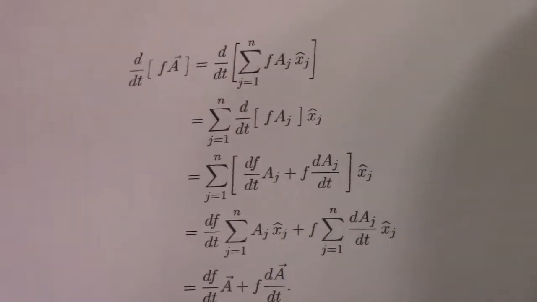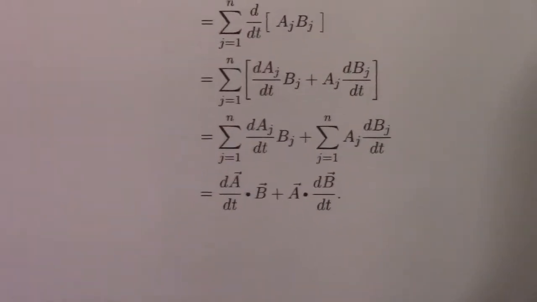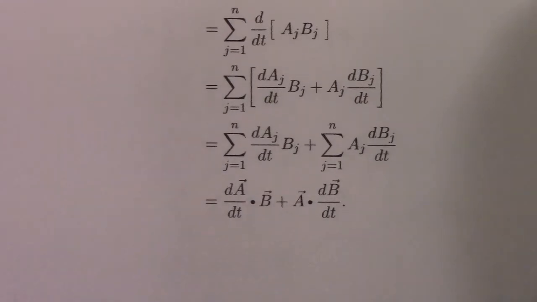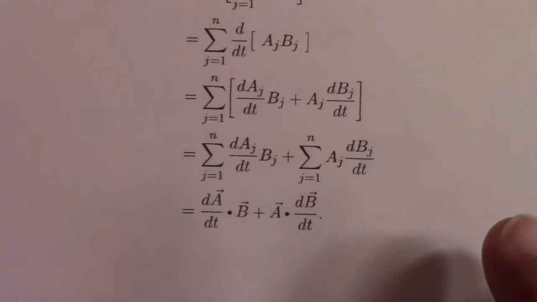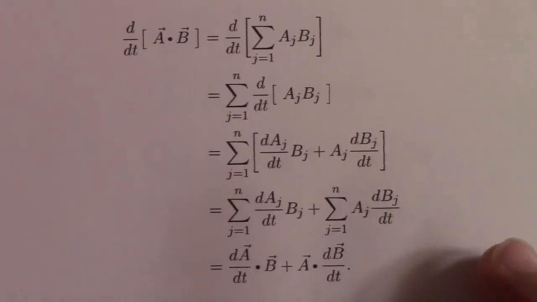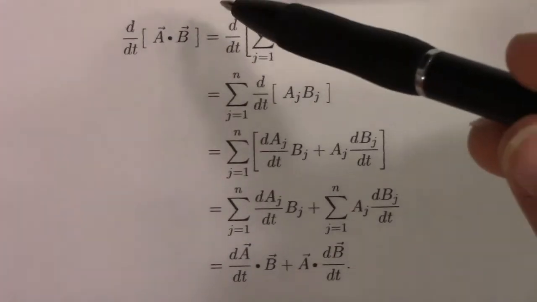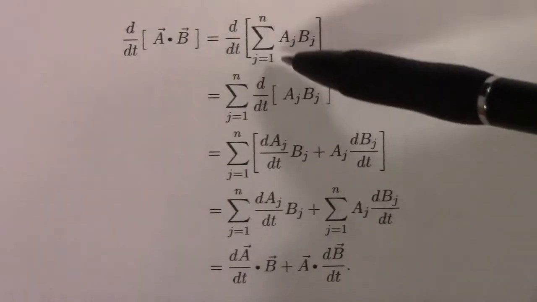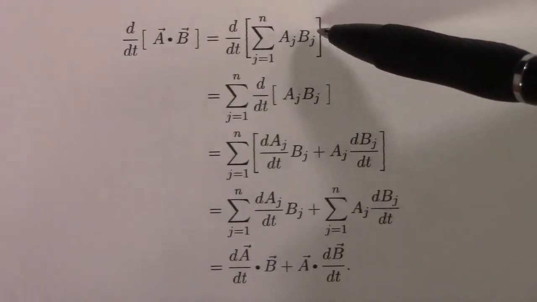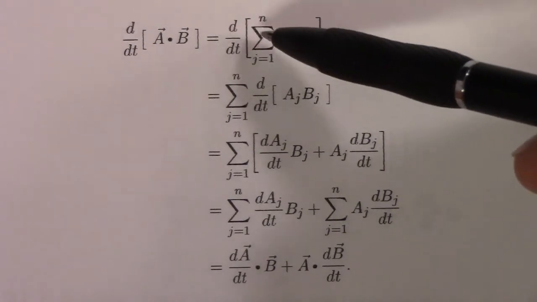Next up here is the proof of the product rule for the dot product. The formula for the dot product is the sum of j equals 1 to n of a_j b_j.